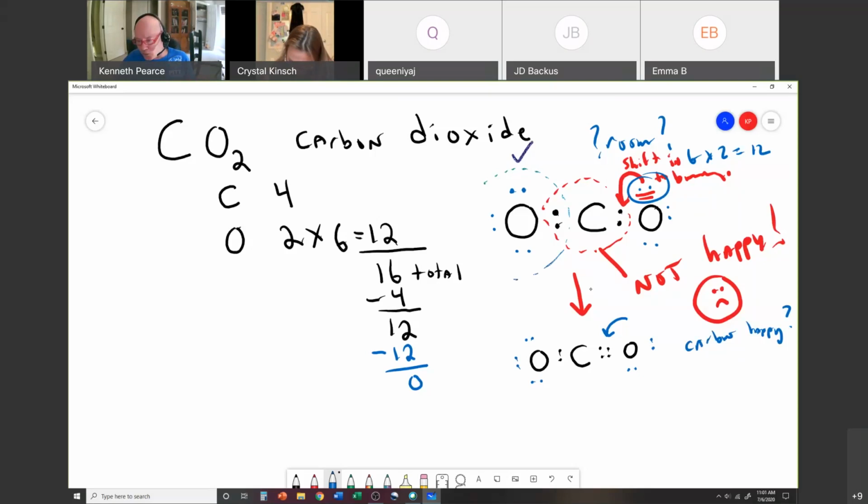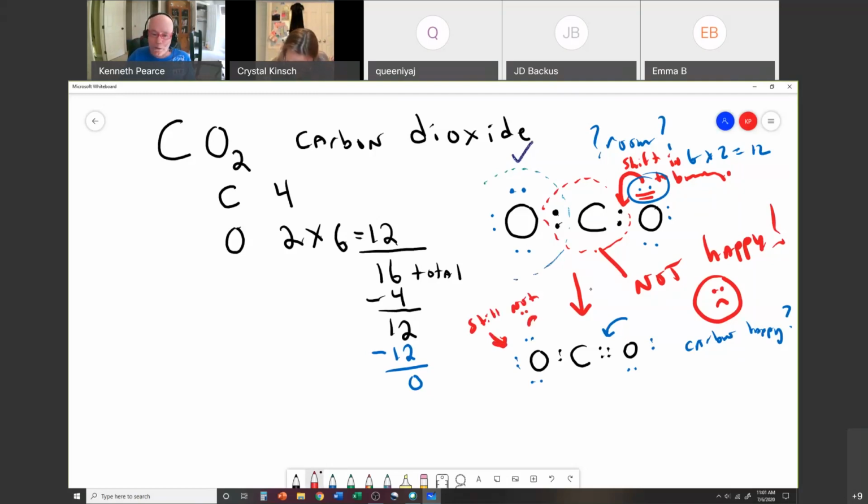Since the pair never left the oxygen, it's still on the oxygen, so the oxygen still has 8. However, the carbon now has 6, so carbon's still not happy.